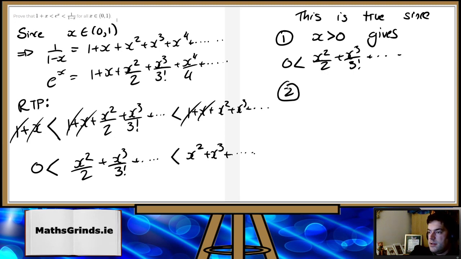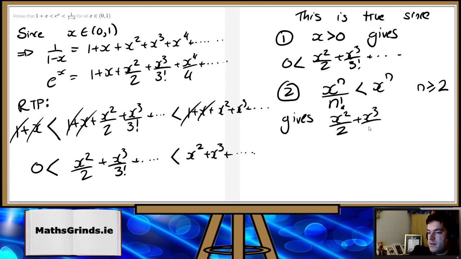And number two, it's also true since x to the n over n factorial is less than x to the n, where n is greater than or equal to 2. That gives the right side, that x squared over 2 plus x cubed over 3 factorial is less than x squared plus x cubed, etc.